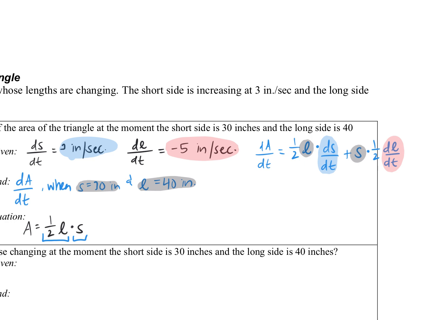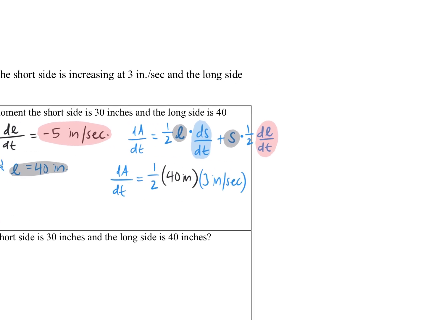So let's plug all that information in. dA/dt is equal to 1/2 times 40 inches times 3 inches per second, plus S, which was 30, if I remember right. Yep, 30 inches times 1/2 times dL/dt, which is negative 5 inches per second.